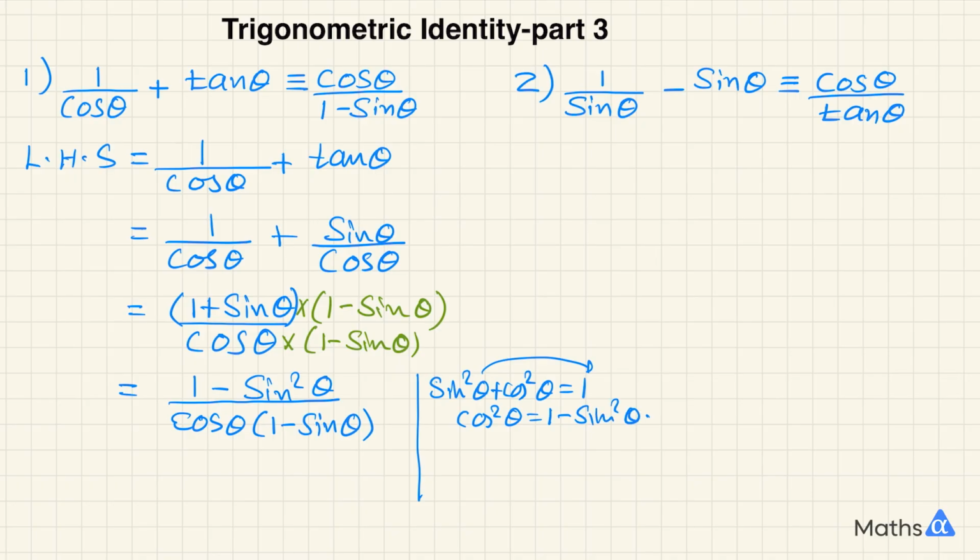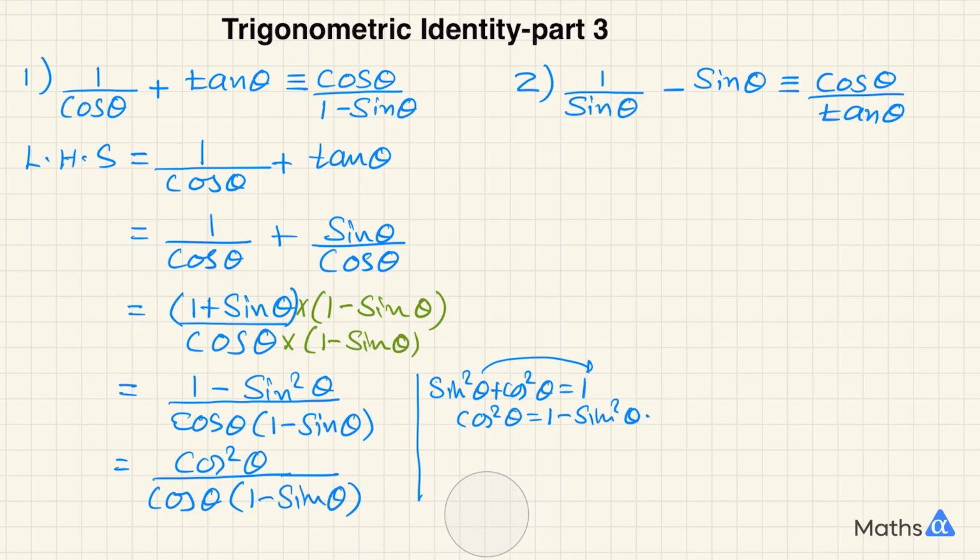Because in the numerator we have cos theta, I want to get that there. So I'm going to replace 1 minus sin squared theta with cos squared theta. In the denominator, we have cos theta times 1 minus sin theta.